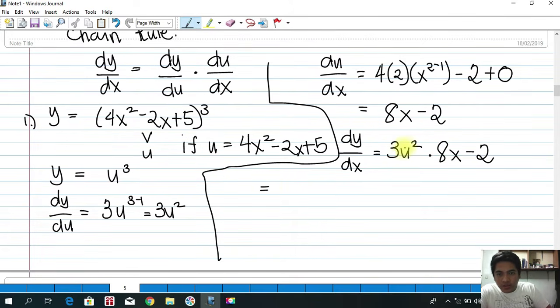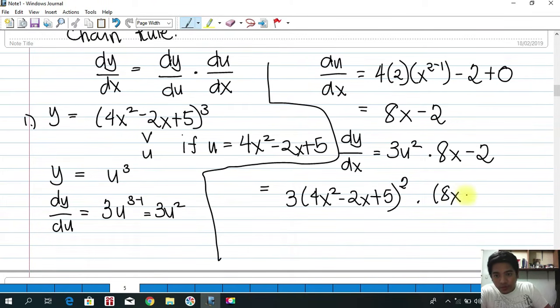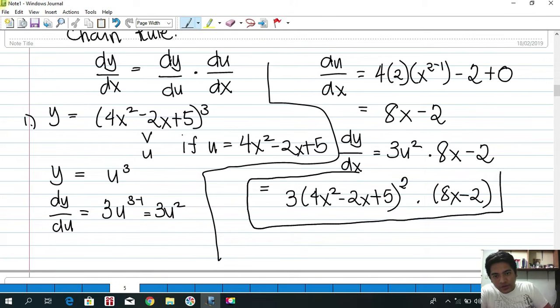Back substituting u, we have 3 times 4x squared minus 2x plus 5, that is our u, raised to 2, multiplied by the term 8x minus 2. So we can leave our answer for dy over dx here. This should be our answer for finding the derivative using the chain rule in this example.